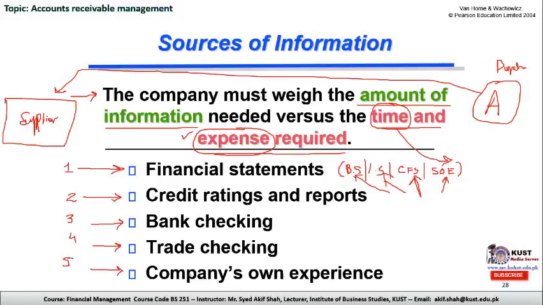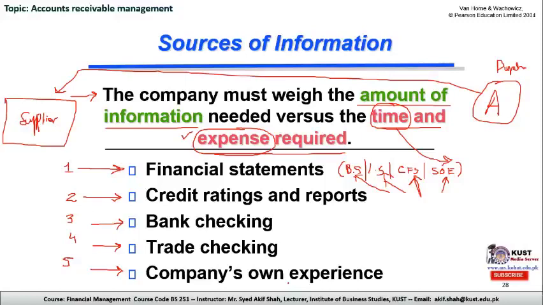Step number 5: if this credit applicant is our old customer, the company's own experience may also be utilized to judge the credit applicant's application for further sanctioning the credit sales to this particular firm. If in the past this firm was not paying their obligation on due time, our decision will be to reject their credit application.